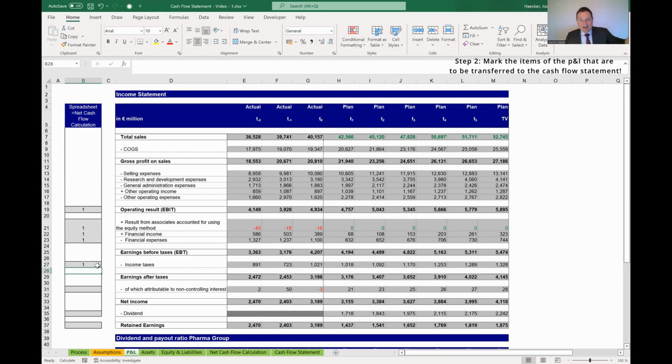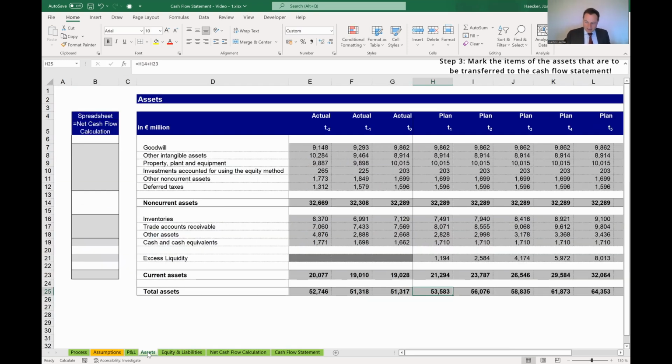Taxes is money out. And then we come up with earnings after taxes. Then we pay the so-called non-controlling interest, leading to the net income. Then we pay dividend to our shareholders. And finally, we come up with our retained earnings. How many positions did we use? 7.